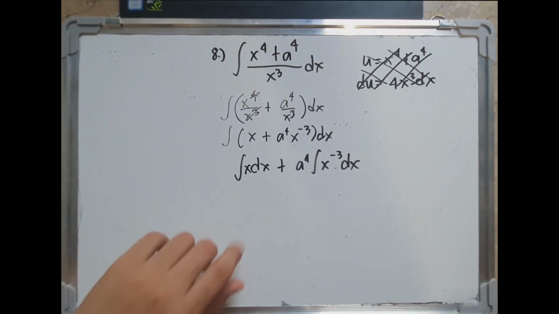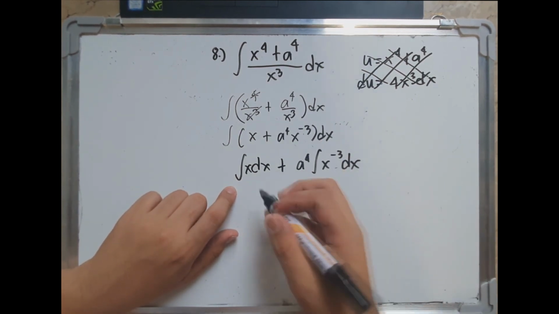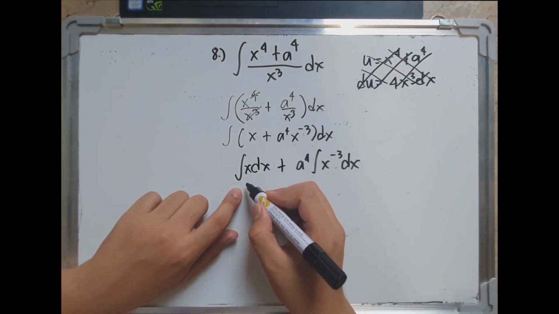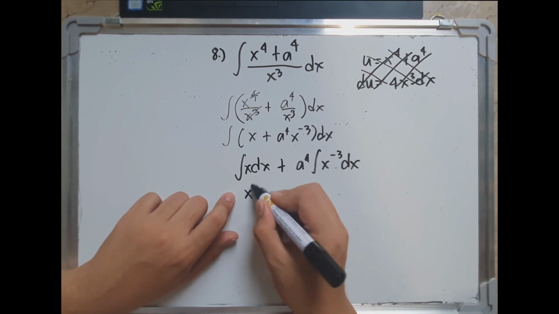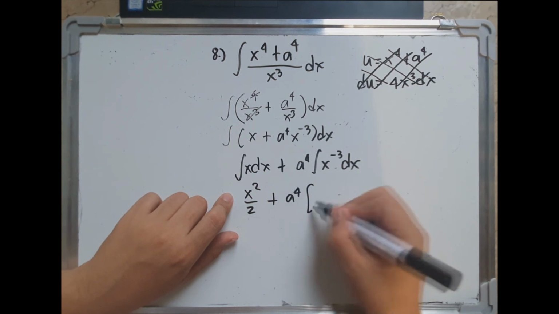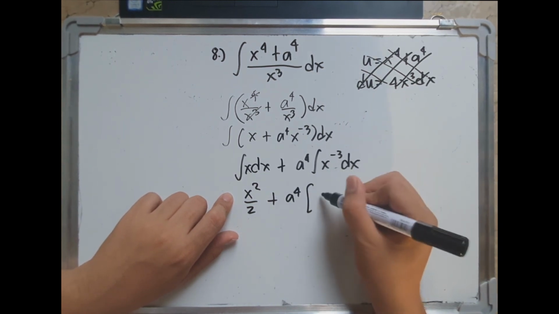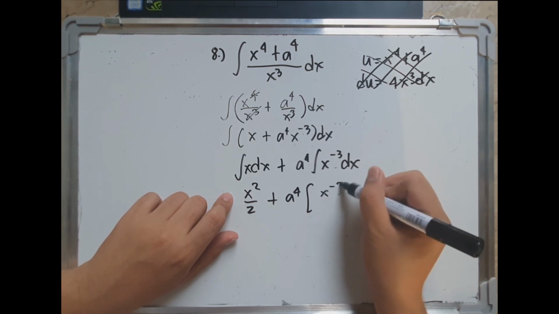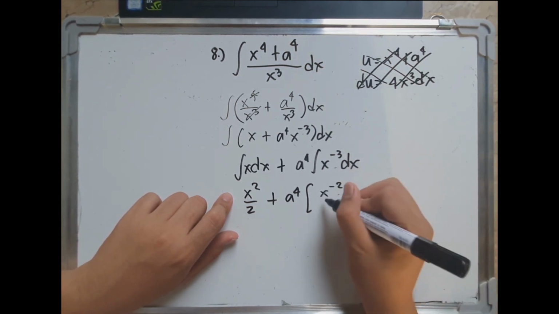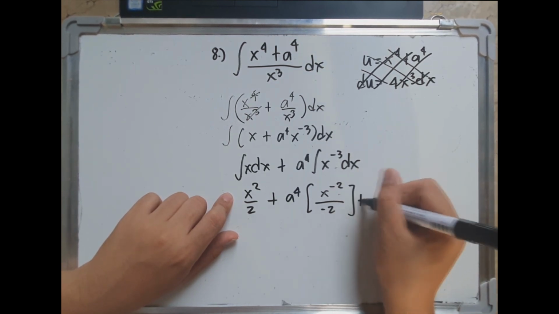Now we could evaluate the integrals, power rule and power rule. So the integral of x dx, that is x squared over 2 plus a to the 4th. For the x raised to the power of negative 3 plus 1, that is negative 2. And for the denominator, negative 2 as well, plus c.